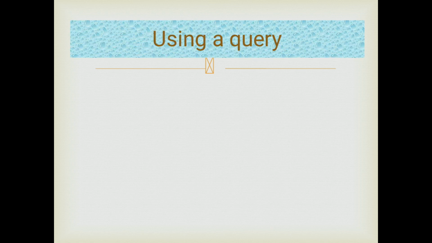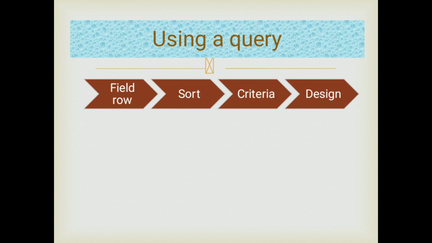Next, using a query. To use a query, the user needs to add fields, specify the criteria in the design grid, and then run the query. For this, users have to follow the given steps. First, choose the required field from the drop-down list of the Field row in the design grid, or simply double-click on the field from the table in the top pane.